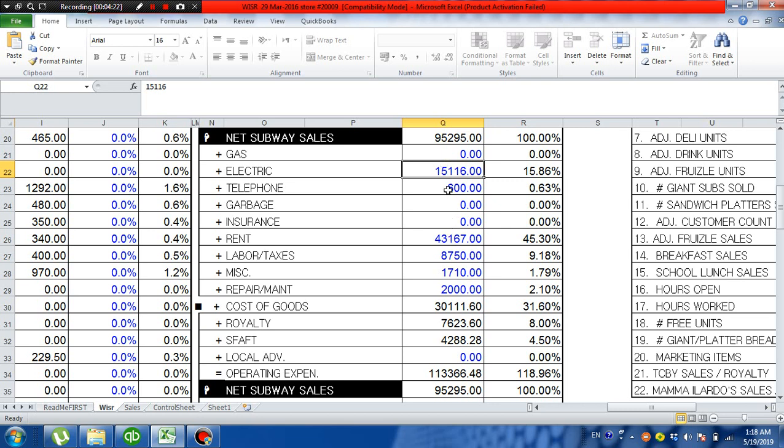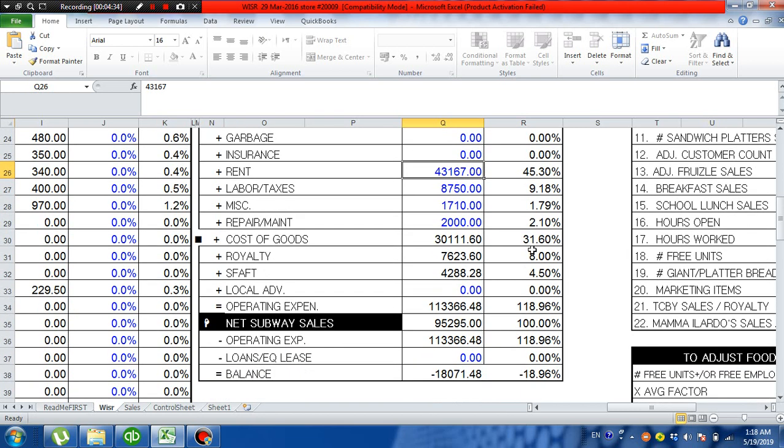All these cost items are collected on a week basis, and here you can see the cost of goods of the week is 31.6%. It is not a correct cost, though the correct cost of a Subway restaurant should be somewhere from 38% to 44%.